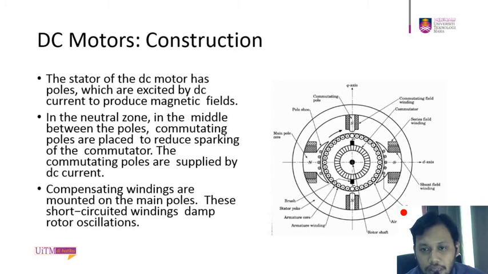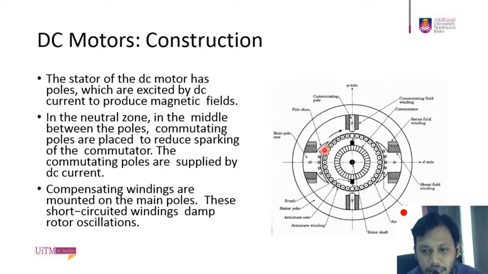Okay, so next we look into the DC motor construction. The stator of the DC motor has poles, which are excited by the DC current to produce magnetic fields. In the neutral zone in the middle between the poles, commutating poles are placed to reduce sparking of the commutator.